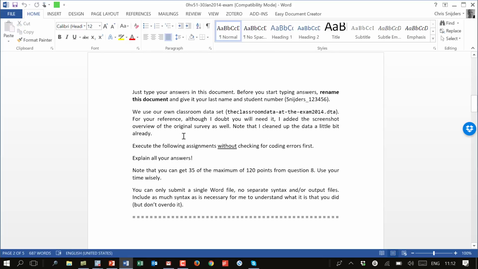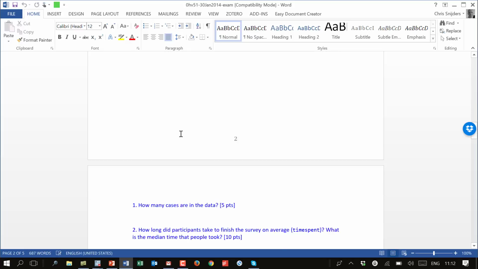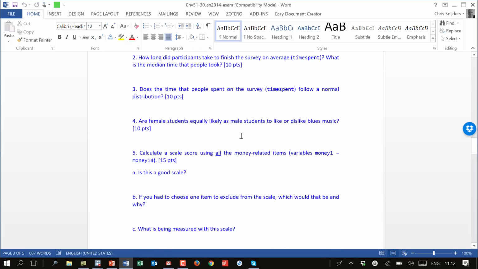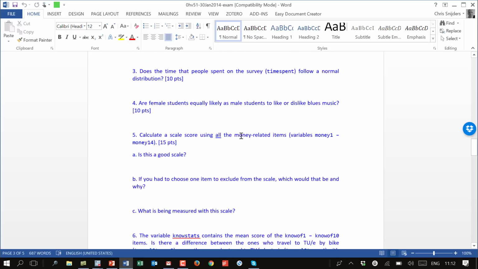Okay, so in this case, I used the classroom data from that year, which was slightly different actually than the one that we had. You'll see here that for each and every question, you see the number of points. In general, this also represents how complicated the question is or how much you need to do.